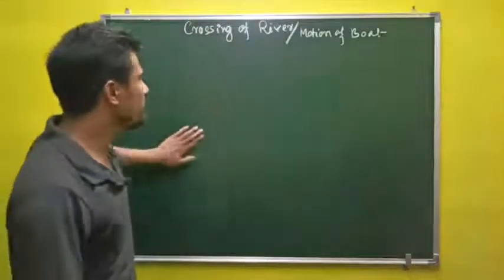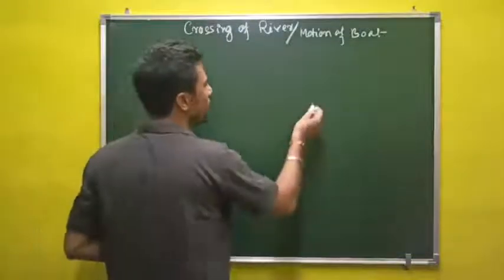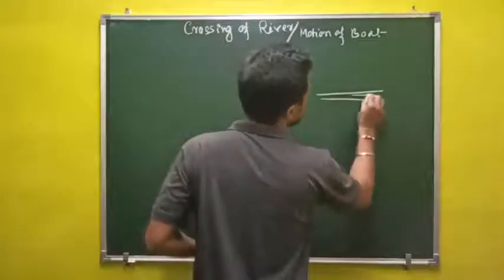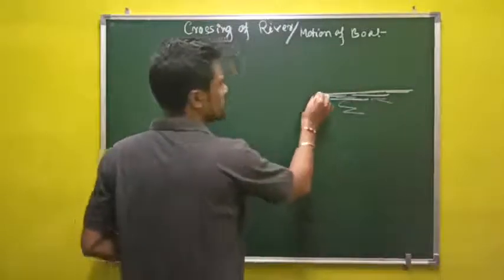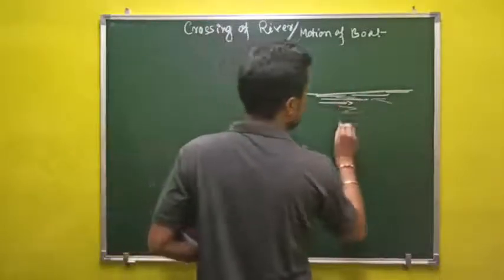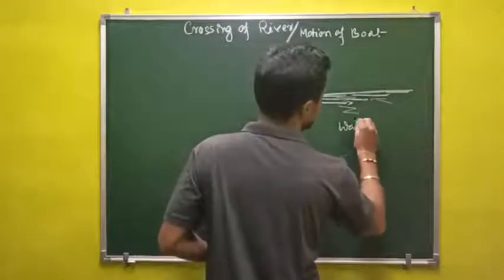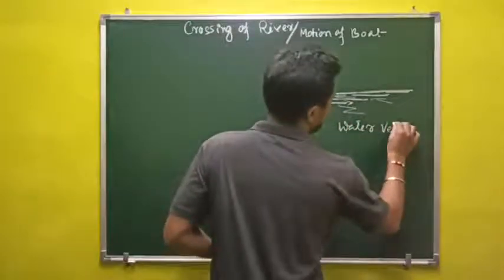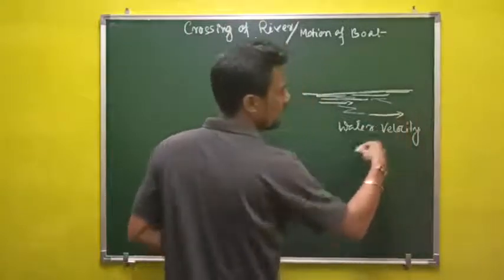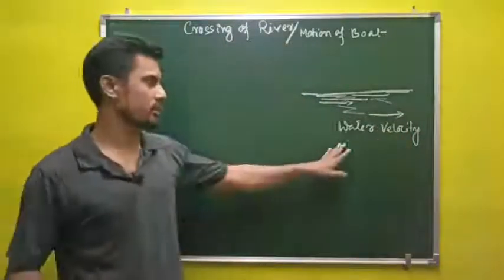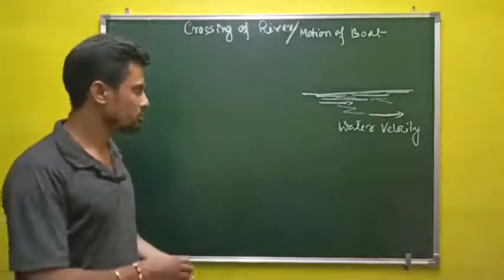So you see, in a river, there is a motion of water. Water also has a velocity. Suppose in this direction there is a velocity of this water, that is the stream of the water.